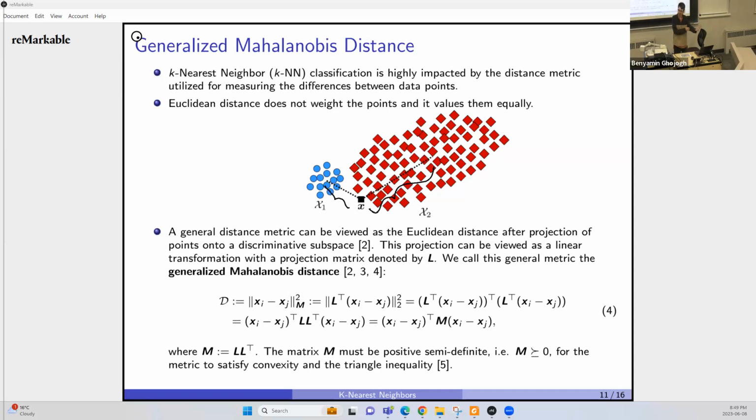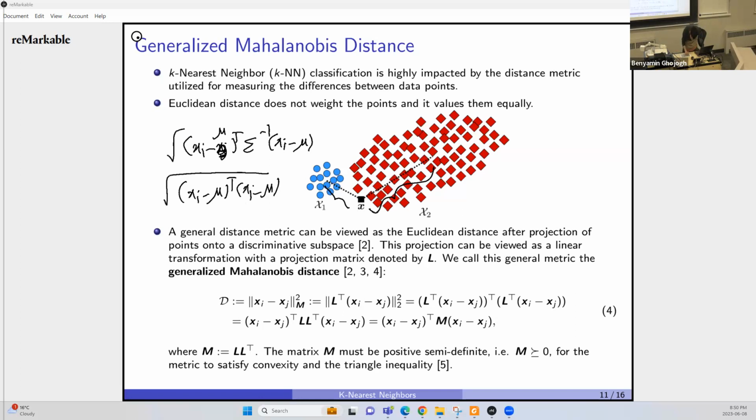So Mahalanobis said, let me say xi minus mu transpose sigma inverse xi minus mu, where mu is the mean of the class. Compare these two. The one below, with the square root, is the Euclidean distance, the distance of xi from the mean of the class.